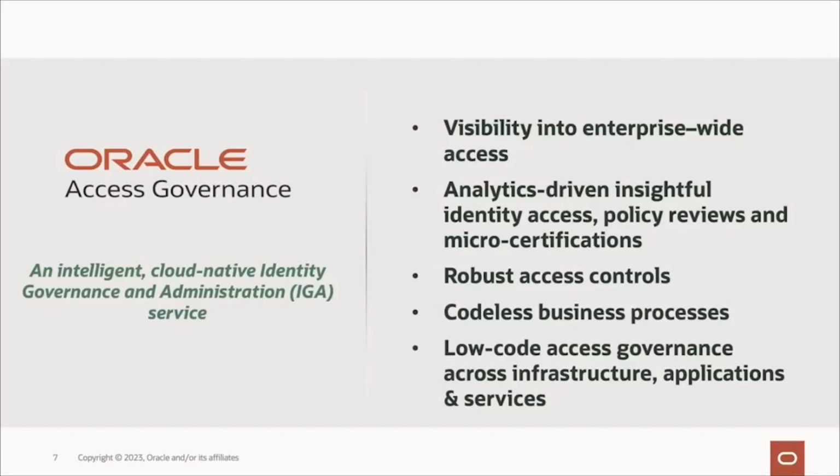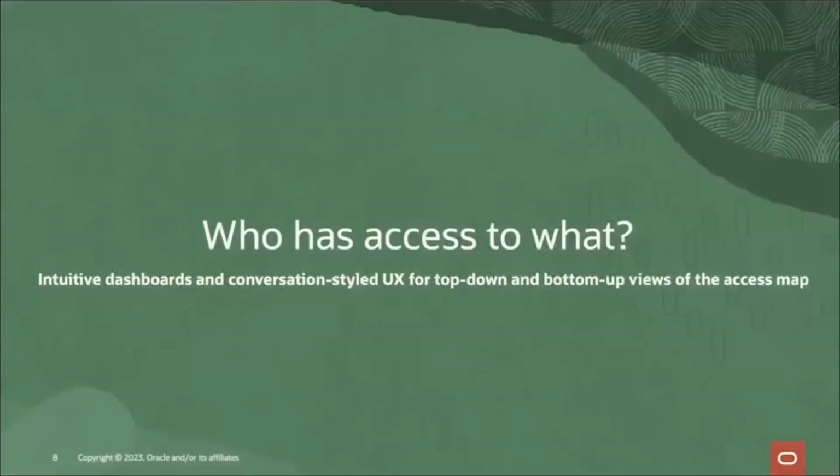That's where codeless business processes help organizations. And finally, governance will be effective only if all the applications and services are governed across the environments. So we provide low code access governance across infrastructure, applications, and services. Let's see each one of them in depth, and I'll also call out how we have updated them in the recent past.